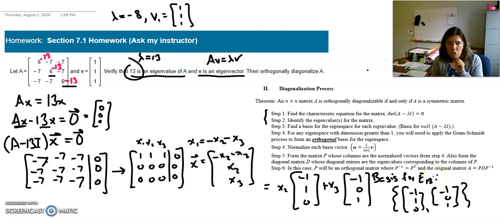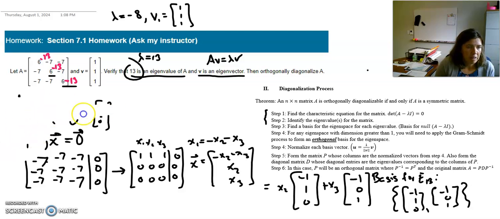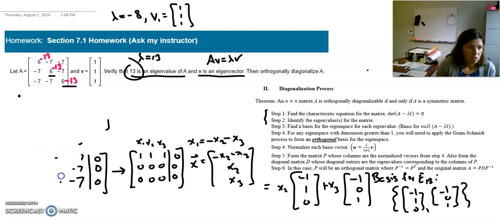What we need to do then is apply the Gram-Schmidt process. We have a process for taking a regular basis and turning it into an orthogonal basis. That's exactly what Gram-Schmidt is designed to do. So the next thing to do is apply the Gram-Schmidt process to those two vectors.